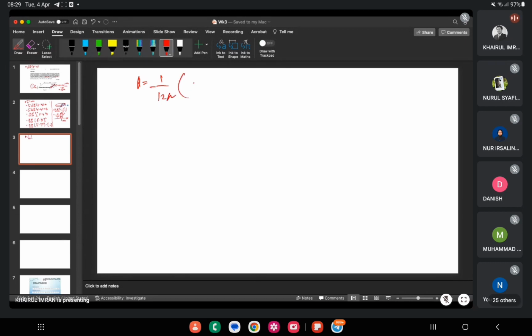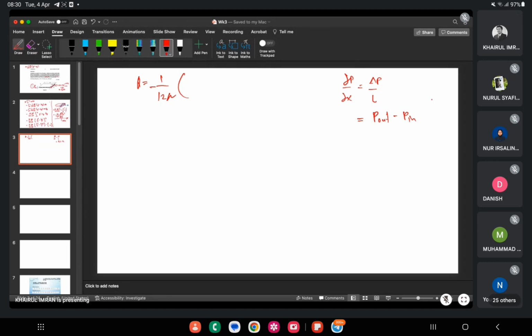So for this one, del P over del X is equals to delta P over L. Change of pressure to the L. L is the length of the plate. Okay. So delta P is P out minus P in. The change of something doesn't matter.